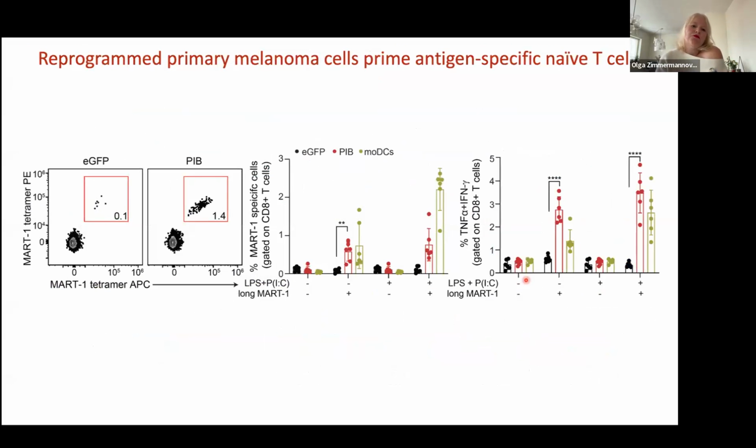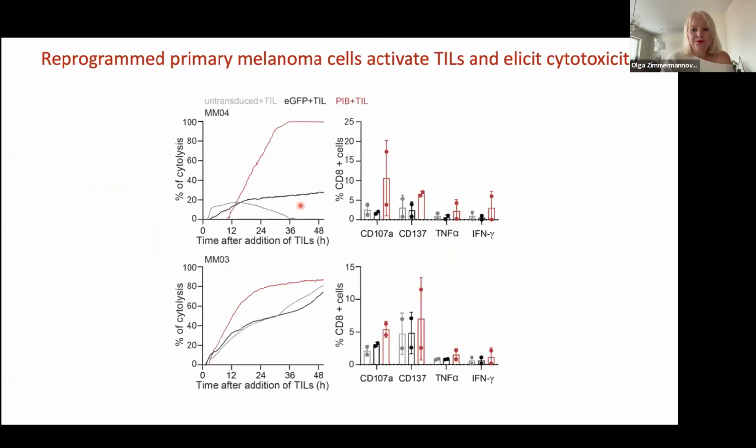To address also the functional capacity of tumor APCs derived from primary cancer cells and not only from cancer cell lines, we used the opportunity of primary melanoma cells and demonstrated that when we reprogram them and stimulate them with long MART1 peptide, they are actually able to activate and expand the population of MART1-specific T cells, which further supports the antigen presentation.